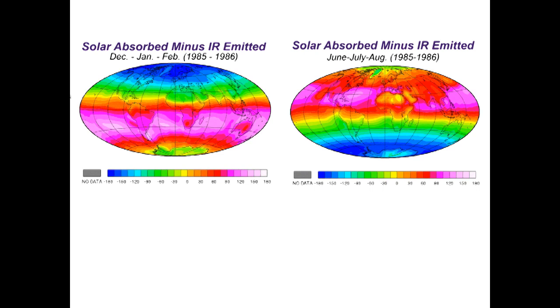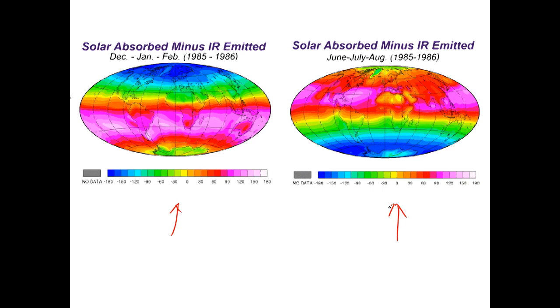This diagram illustrates the difference between the net absorbed radiation, that is the difference between absorbed solar radiation and emitted long-wave radiation, during the northern hemisphere winter on the left and during the northern hemisphere summer on the right.